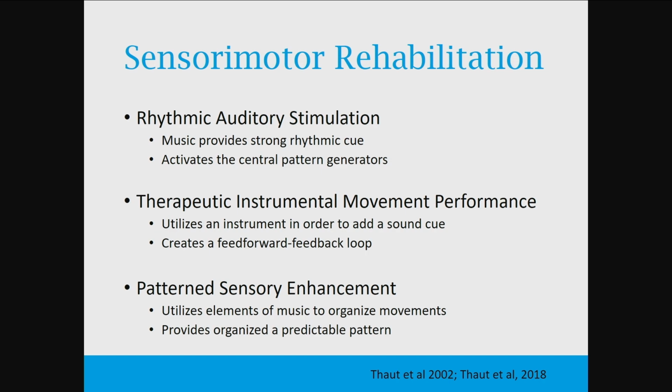It's a 1-2 marching pattern, as we already demonstrated. So by having this external rhythmic cue, or this strong sensory cue, or music in general, it creates a connection to the CPGs, and then they just automatically kick in, if you will.